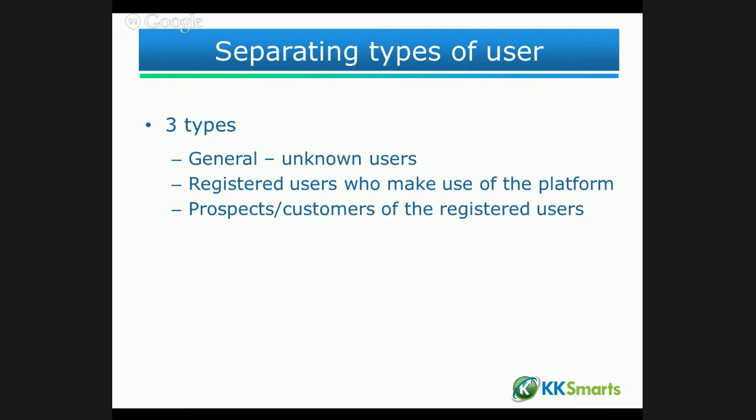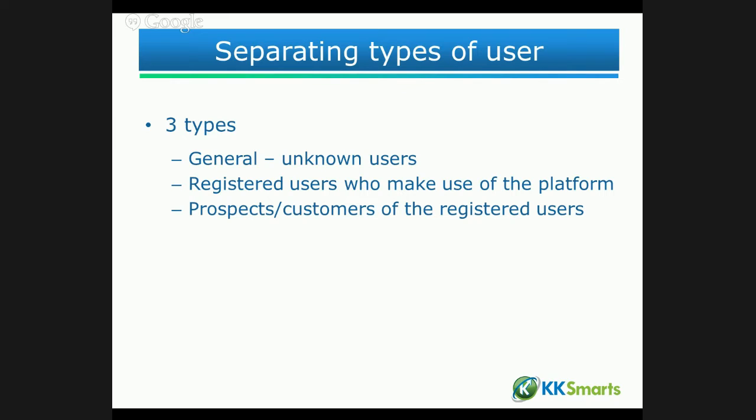But in general, where we sit at the moment is we don't know enough about any particular group in order to be able to use the behavior to segregate the users, right? But quite apart from the general group, there's a more defined group of users who's registered to make use of the platform, to make use of the service.